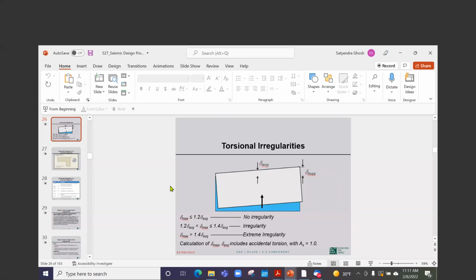So you can judge by comparing the interstory drifts, maybe not deflection, whether you have a soft story or not. Interstory drifts are the reciprocal of stiffness.